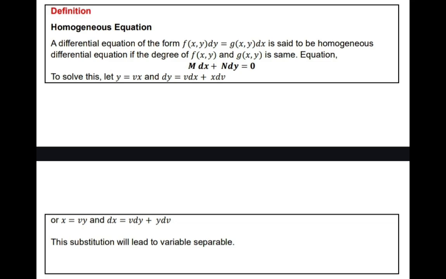For instance, M dx plus N dy equals 0. To solve this, let y equals vx and dy equals v dx plus x dv, or x equals vy and dx equals v dy plus y dv. This substitution will lead to variable separable.